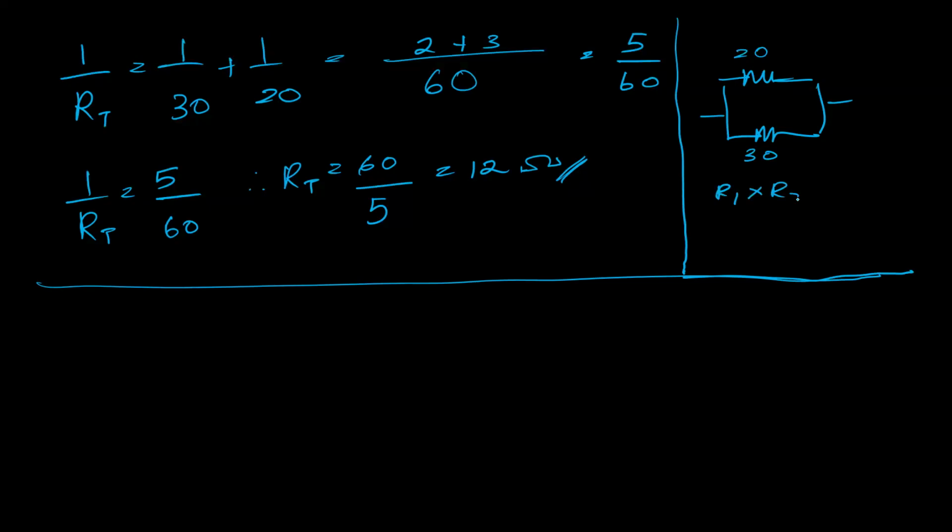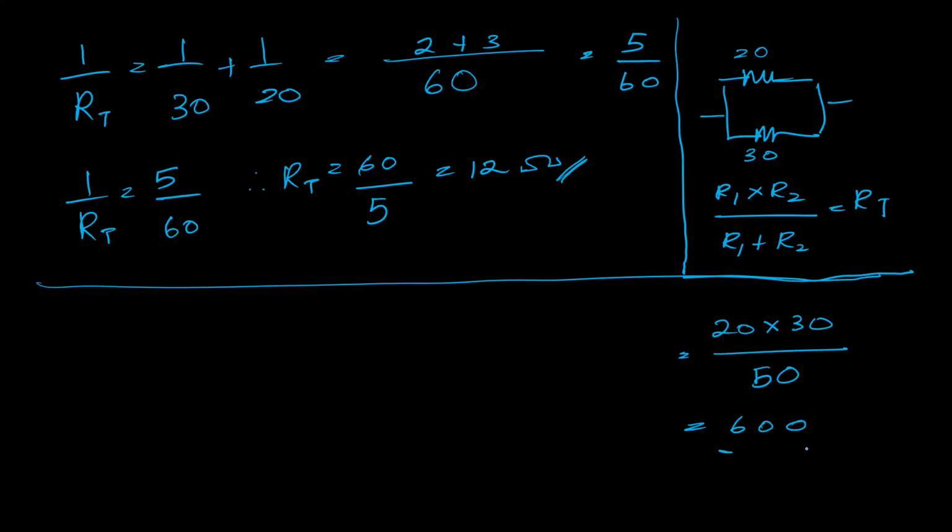R1 into R2 divided by R1 plus R2. That is going to give R total. So R1 is 20, into R2, 30. Below, R1 plus R2, 20 plus 30 is 50. 20 into 30 is 600 divided by 50. This will get cut, 12 ohm.